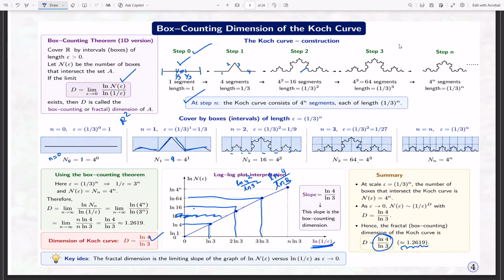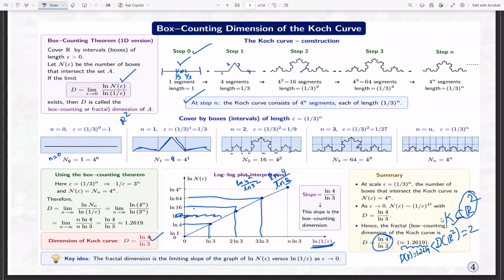Now, this Van Koch curve K is embedded in R power 2, and the box counting dimension of R power 2 is 2, whereas the box counting dimension of the Koch curve is 1.2619, which is strictly less than the embedded space dimension.